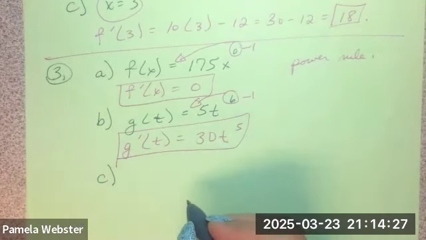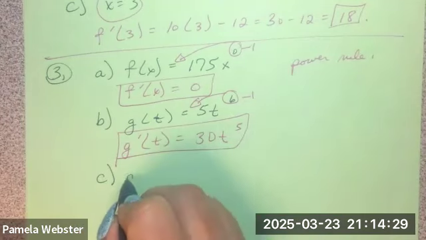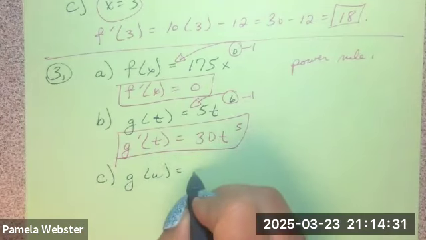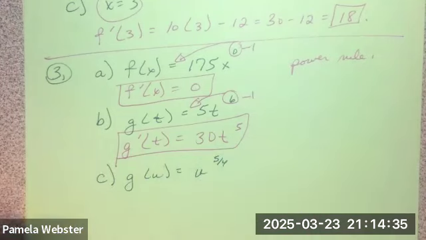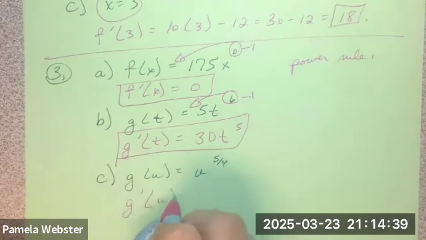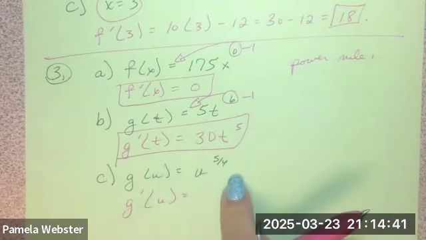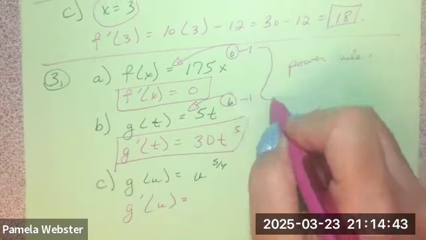C says g of u equals u to the 5/4. You better be able to do this real quickly. Press pause if you need to. I think this is a power rule, so all 3 of these are power rule.